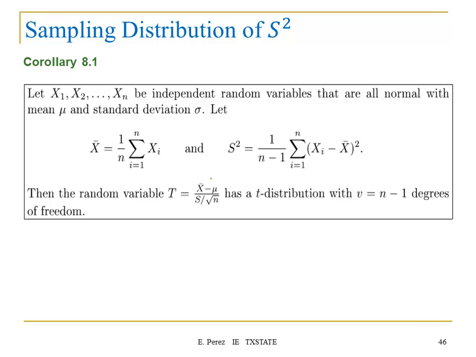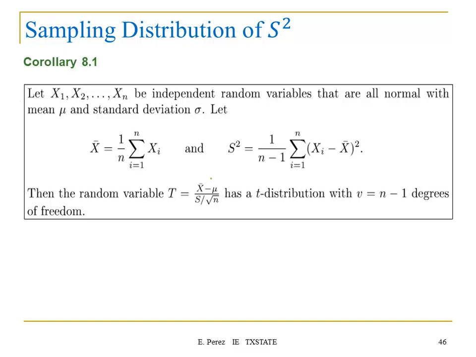So let's say we have n independent random variables that are all normal with mean mu and standard deviation sigma. We know we can compute the sample mean like this and the sample variance like this. Then the random variable t, as we stated before, has a t distribution with n-1 degrees of freedom.